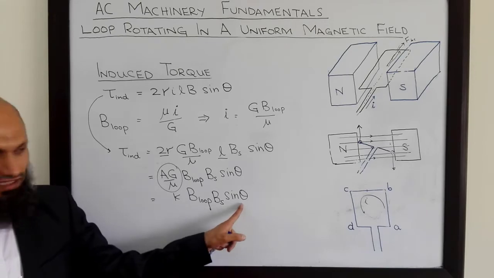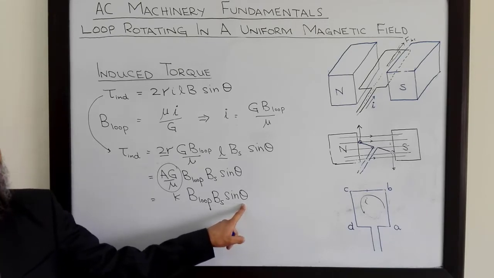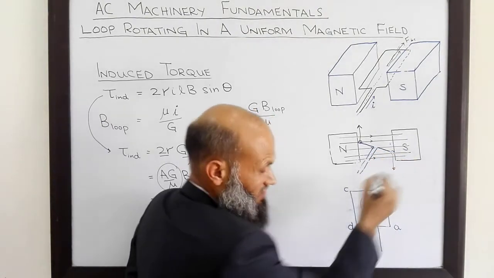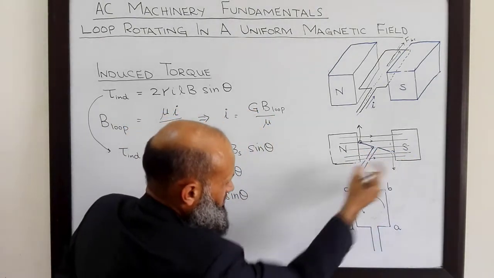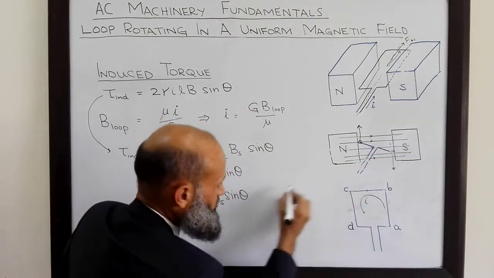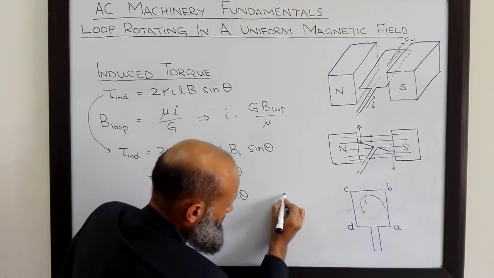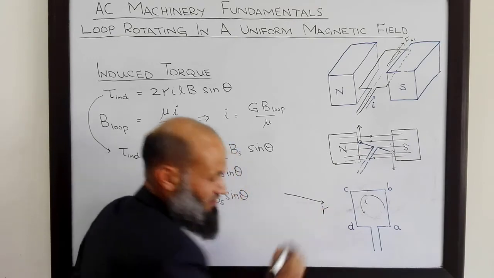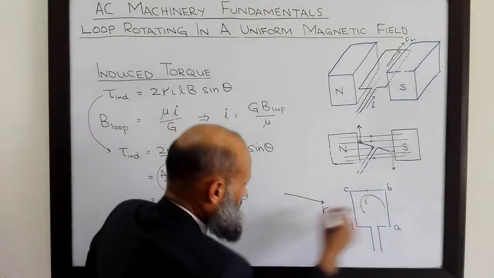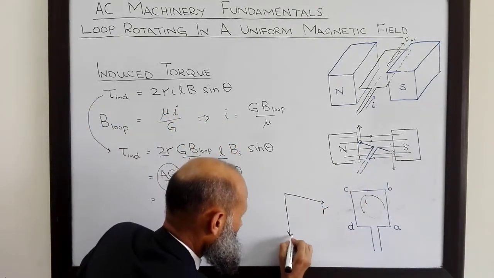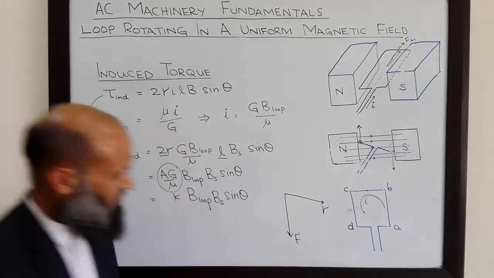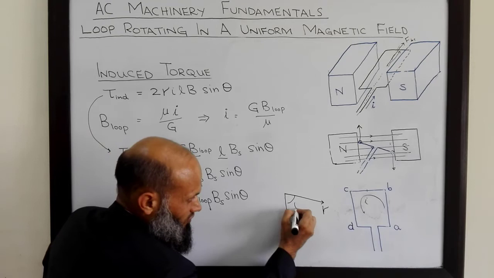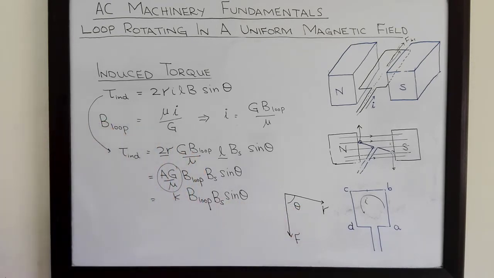What was this angle theta? Theta was angle between this force and the radius vector. That is for this conductor's AB, this was the situation. This was the radius vector, and force was downwards, F. The angle between R and F was this angle theta.